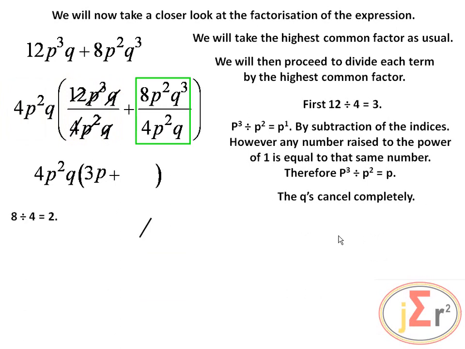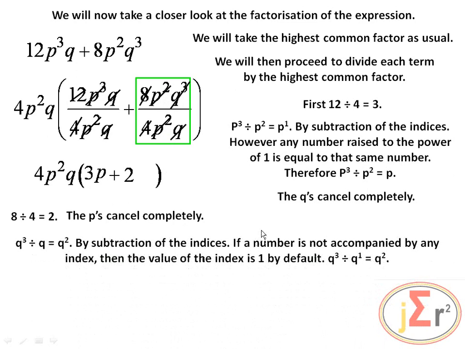Divided by 4 is equal to 2. We are cancelling. 4 into 8 is 2. And p squared will cancel with p squared completely. So the p's cancel completely. And what do we have there? Q cubed divided by q is equal to q squared by subtraction of indices. If a number is not accompanied by any index, then the value of the index is 1 by default.